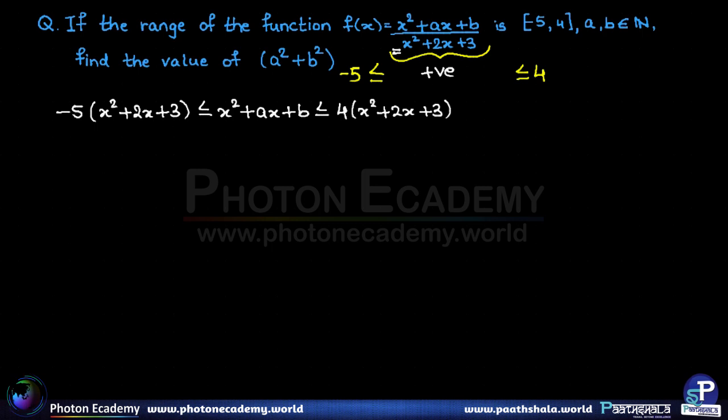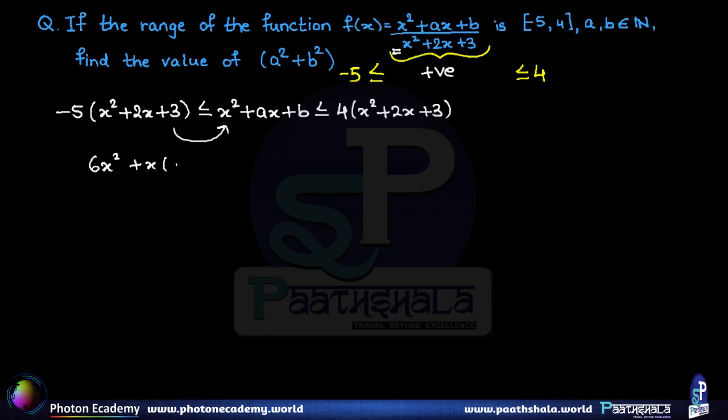Now shifting all of these terms here, we will get 6x square plus x(a plus 10) plus b plus 15 has to be greater than or equal to 0.